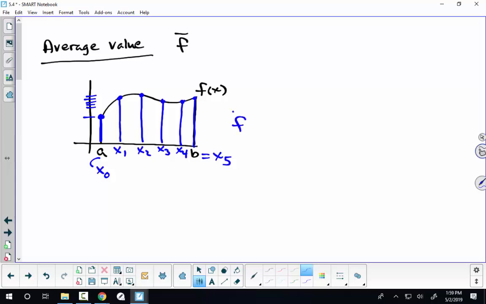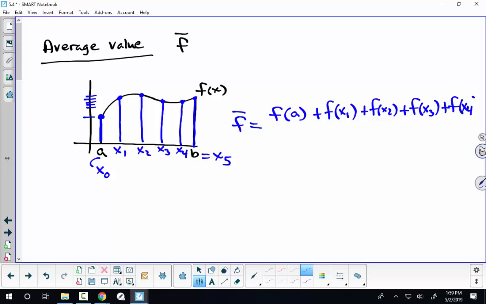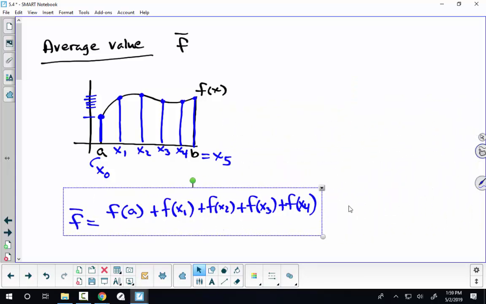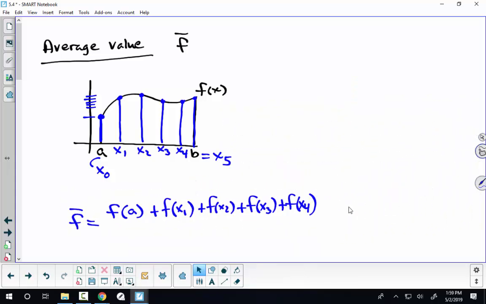So the average here is f of a plus f of x1 plus f of x2, f of x3, f of x4, plus f of x sub 5.